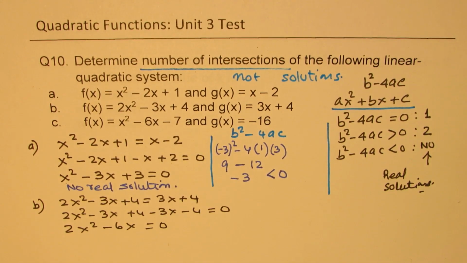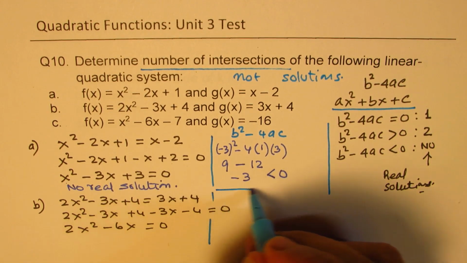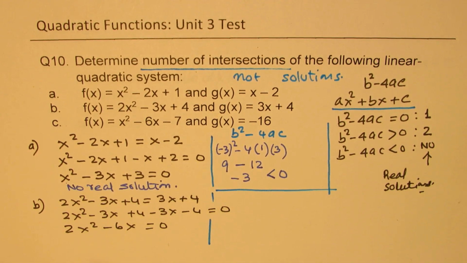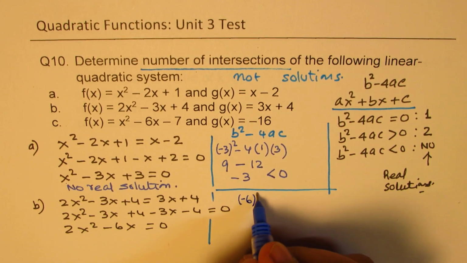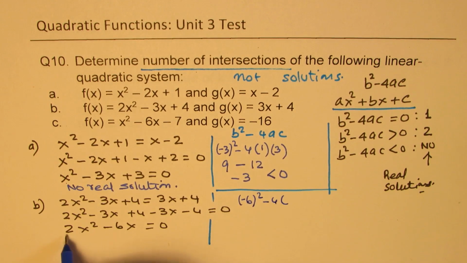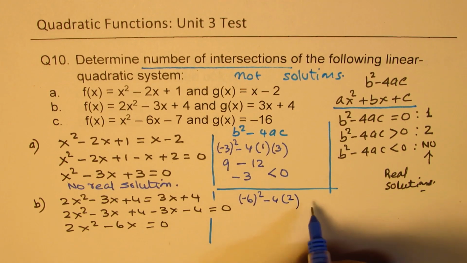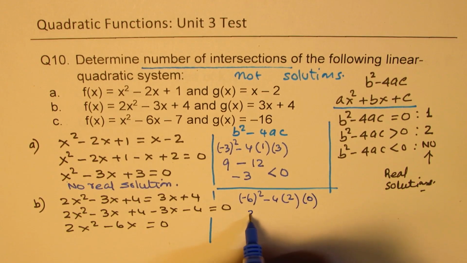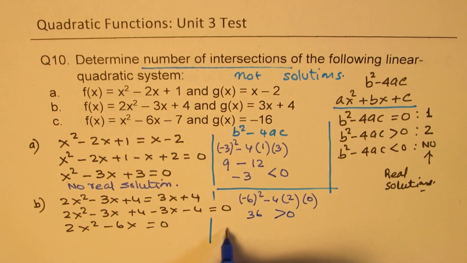So we get this situation. Now this one, if you test this out, what do you get? b is minus 6, right? So we have minus 6 squared minus 4 times a is 2. However, c is 0, right? So you get 36, which is greater than 0. So we have two real solutions.